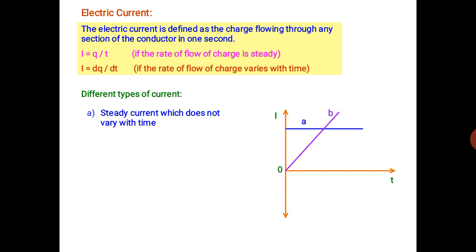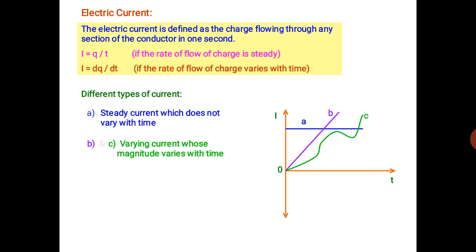The line B is inclined to the time axis, but it is a straight line, so here current is continuously increasing. And C is not a straight line.